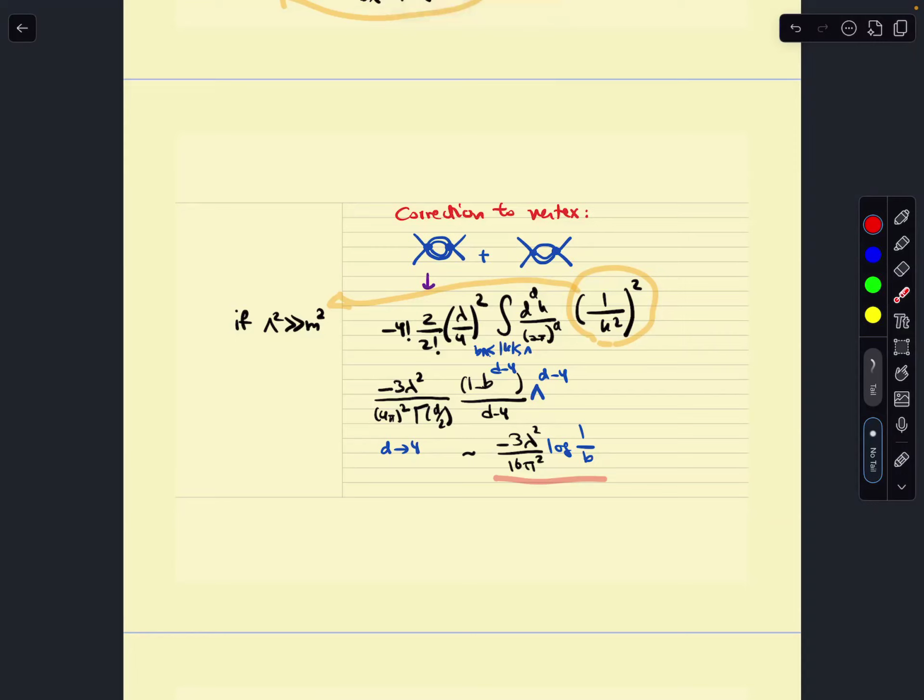Good. So the result is that we're going to end up with new interactions. What are these new interactions? So for example, initially, there was no phi 6 term, right?